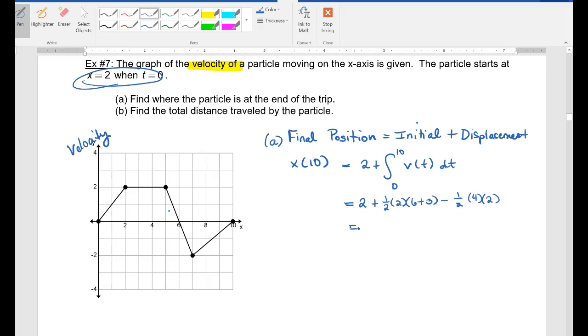What do we get for the result? So 2 plus 9 is 11, minus 4. We get 7.